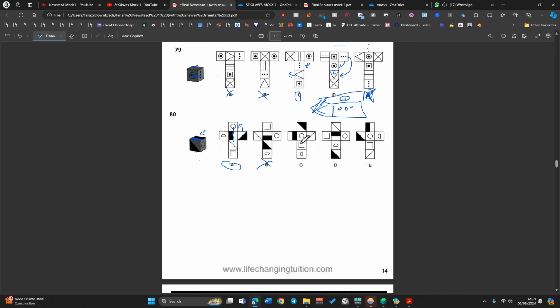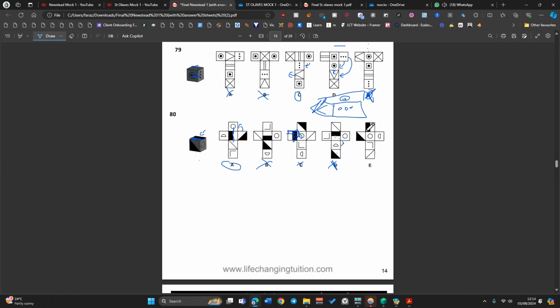If we look at this again, the black shade should not be on the side of the circle, it should be pointing downwards like this, so it can't be C. This one seems to be okay so far, and if we keep folding it, this will join here, and then this will actually be underneath it, so it can't be D. Again, whenever there's one blank space and a gap, it means it's going to be opposite each other, and it can't be opposite, right?